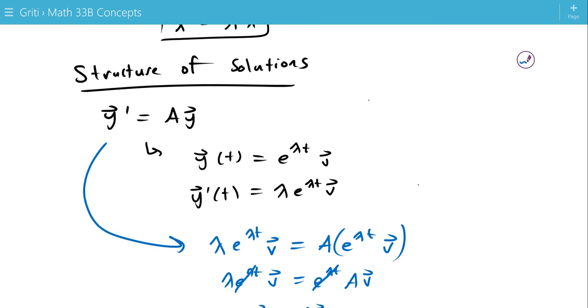So it turns out for an n by n matrix A, we get n solutions of this form.